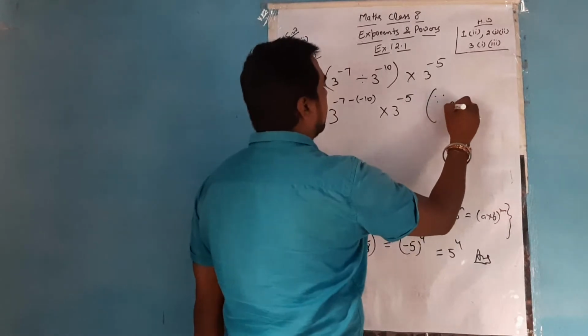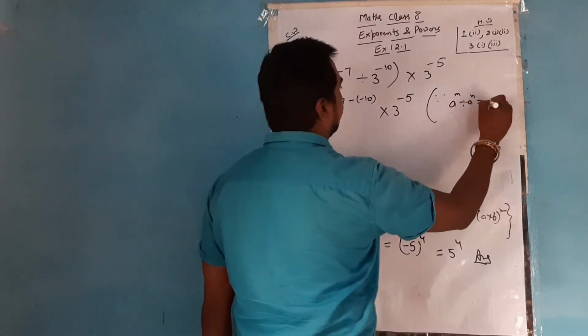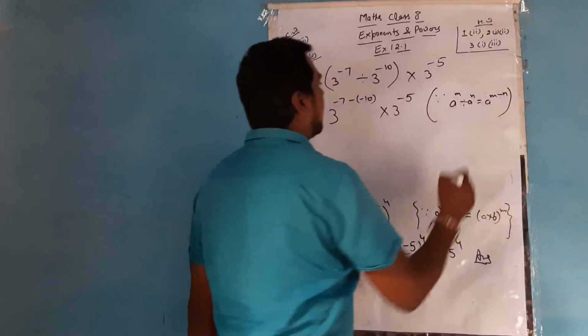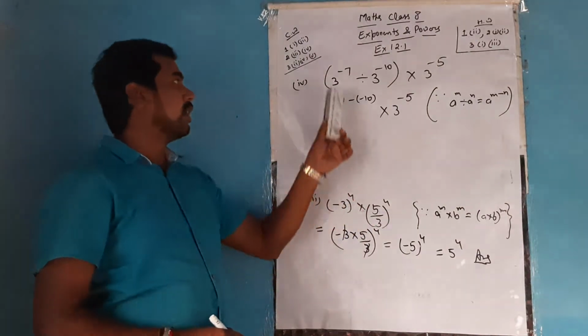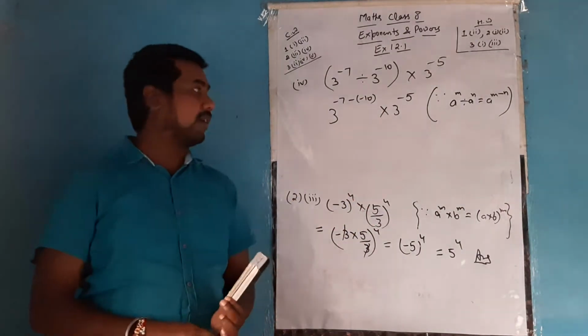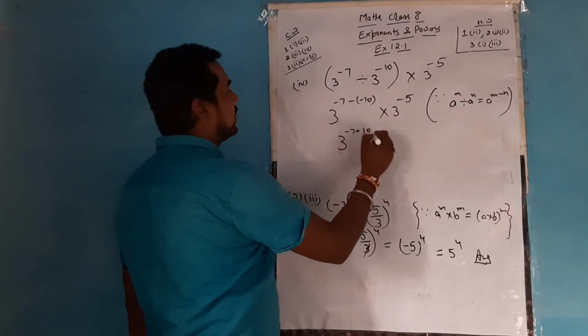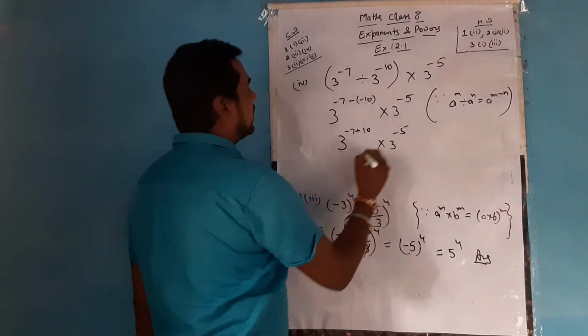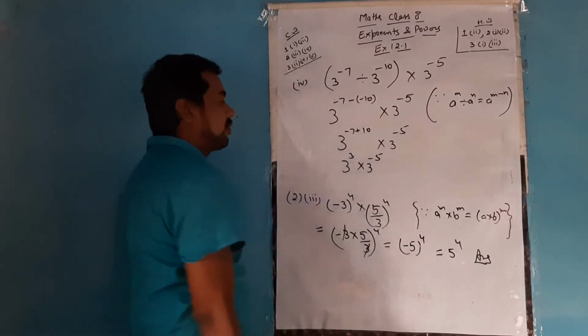We'll mention the law: a power m divided by a power n results in a power m minus n. So now when you simplify this, minus 7 plus 10 into 3 to the power minus 5, this becomes 3 power 3 into 3 power minus 5.